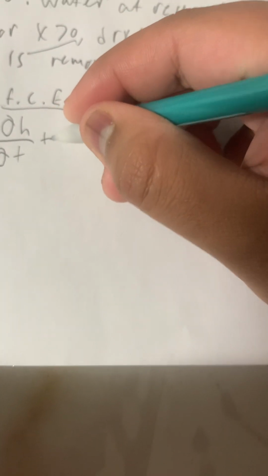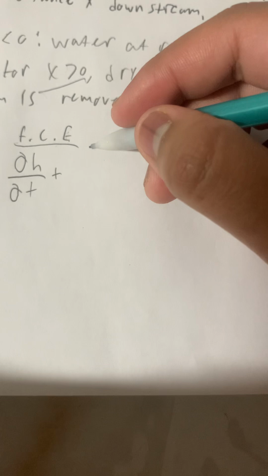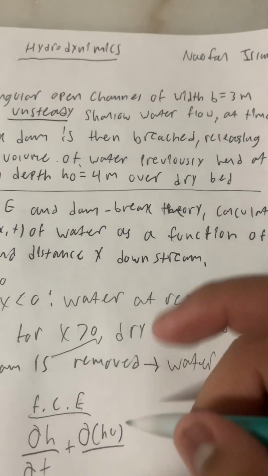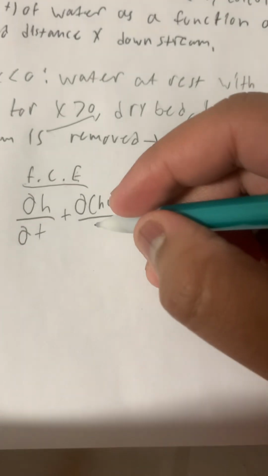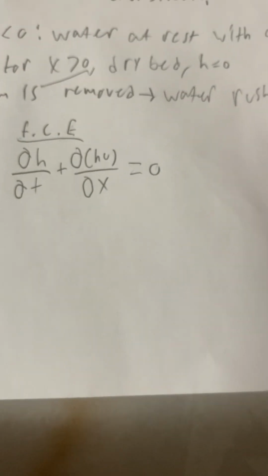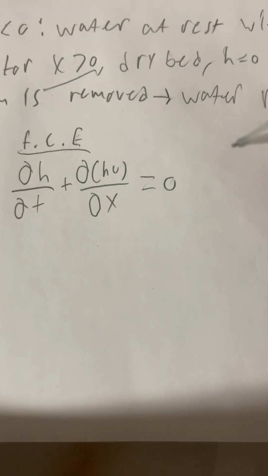Change in h, change in hu, equals 0. We all agree that if we use fluid continuity, mass conservation for this, it equals 0, right?